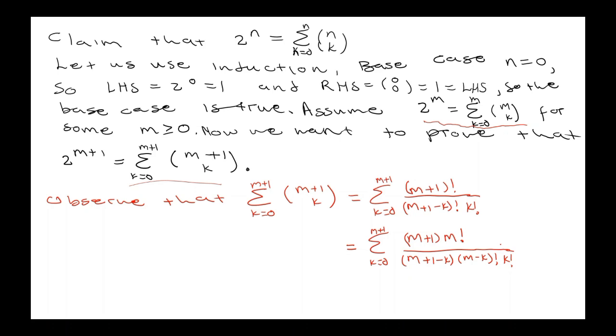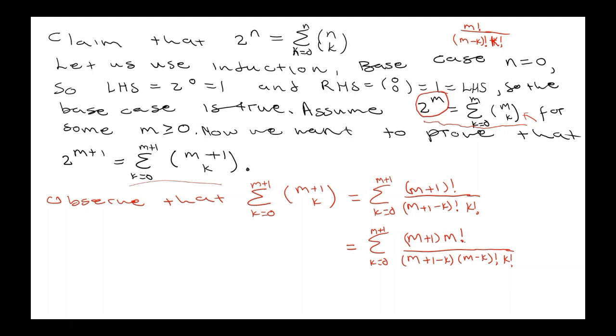So this is basically what we have. What we want is to obtain m combination k, or in other words, m factorial over m minus k factorial multiplied by k factorial. Then we can use the assumption and use the 2 to the m from there.